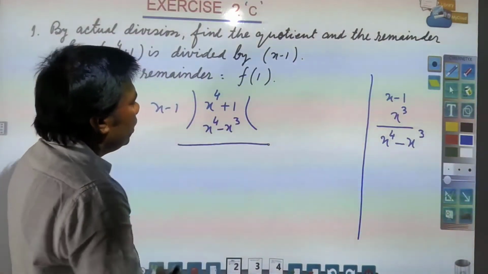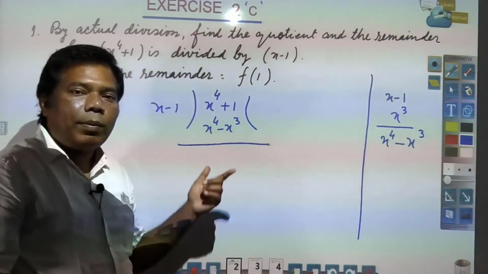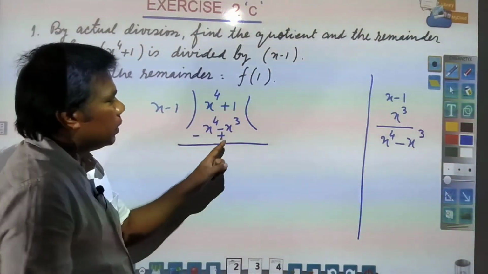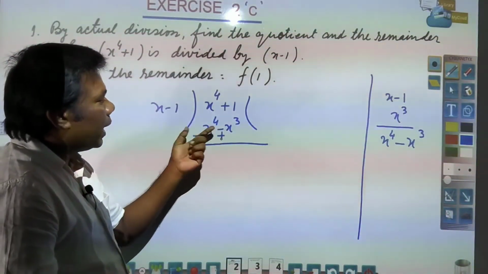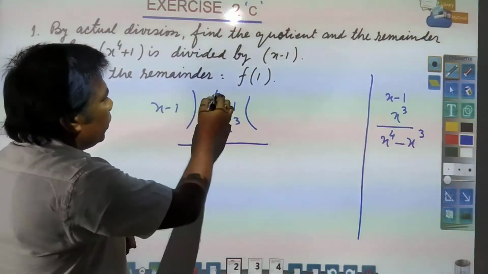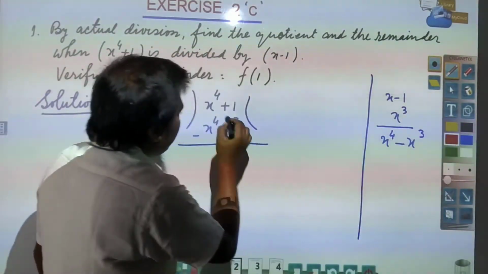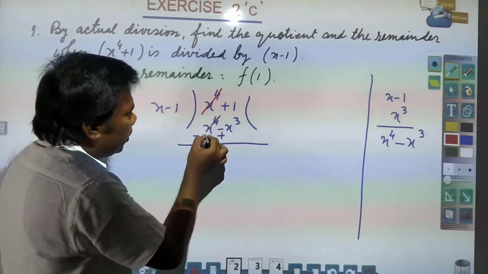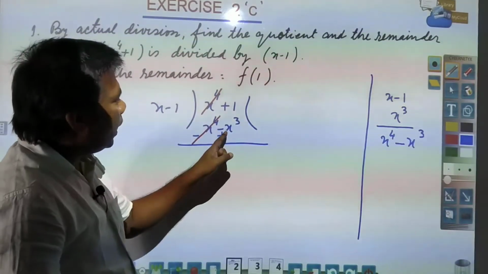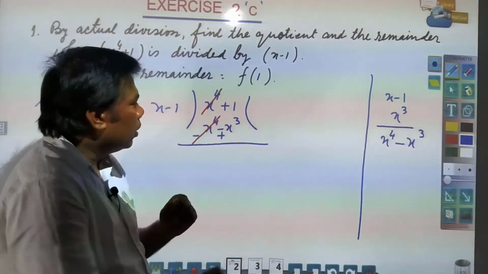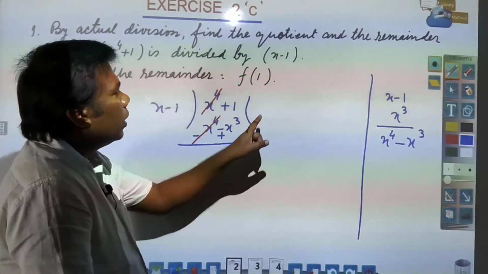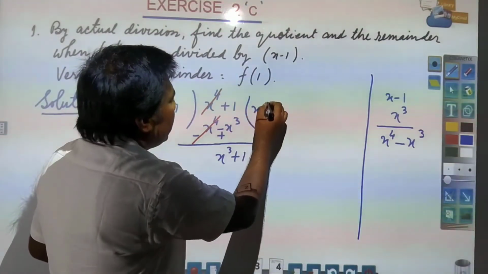Now this is required to be subtracted, so when we subtract, we change the sign: minus becomes plus. Forget the old sign, the new sign you have put is the operational one. So x to the power 4 and minus x to the power 4 get cancelled, and here you have x to the power 3 plus 1 remaining. Now here you need to write x to the power 3.